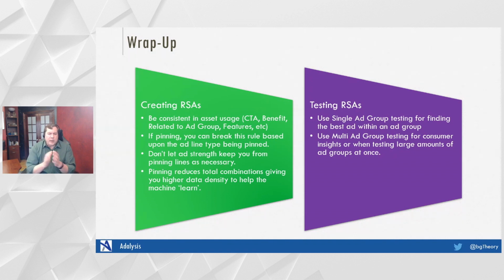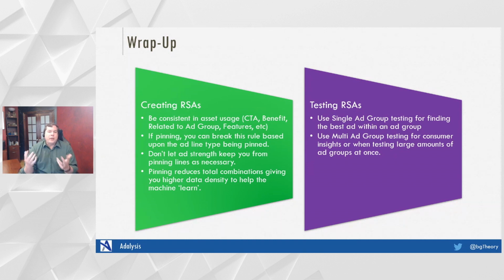But overall, responsive search ads, they're not worse than ETAs. And if you love the ETAs, you can pin them all. So don't think that RSAs are just worse than ETAs, because you can make the same thing you used to have. What RSAs give you are a lot more control in how you want to show ads.